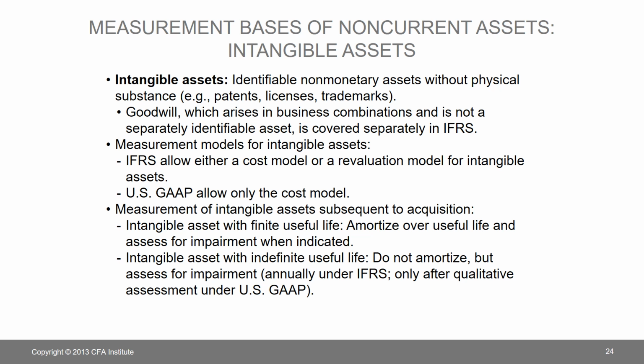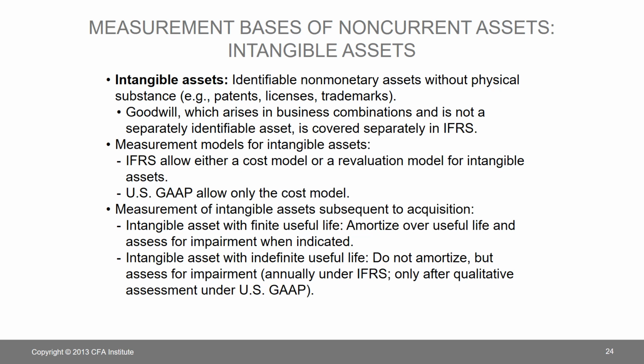Now, IFRS allows companies to report intangible assets using either a cost model or a revaluation model. The revaluation model can only be selected when there is an active market for an intangible asset, so that fair value can be determined by reference to an active market.